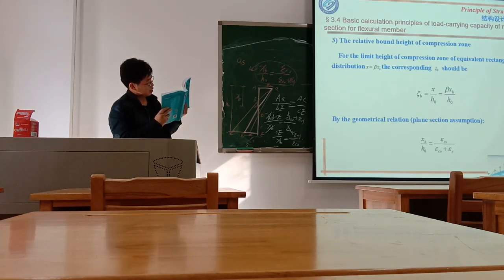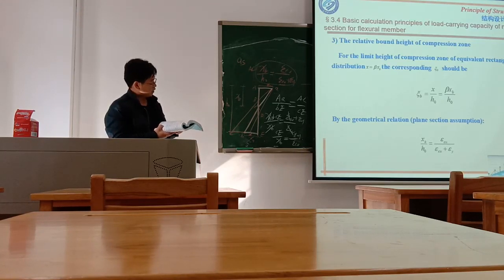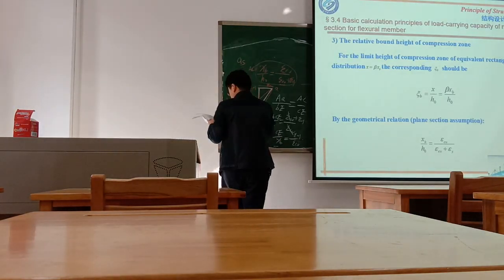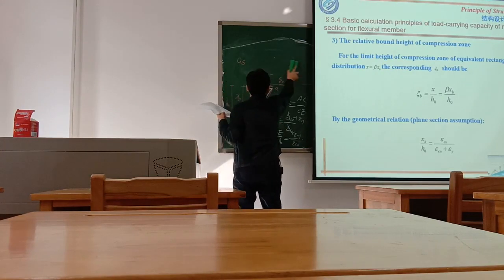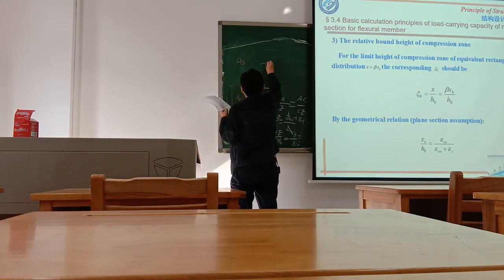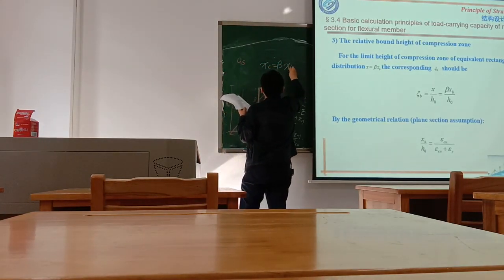Maybe it's a mistake there. I think this beta is not the one they defined before, because in the book they also use xc equal to xc. That's not correct. X equal to beta xb.